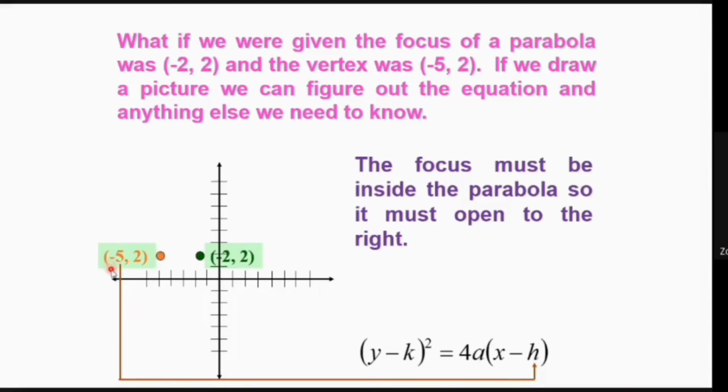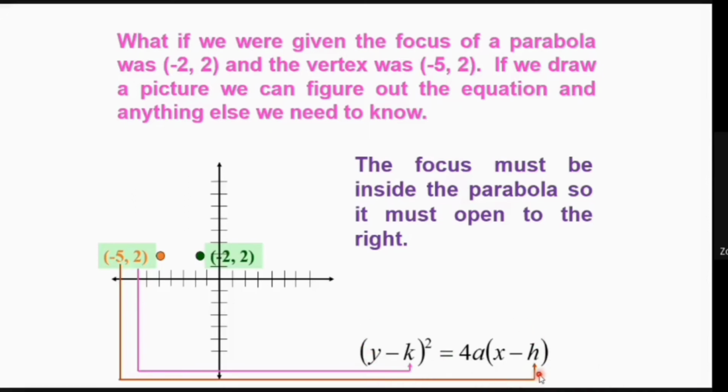We are going to substitute the values. Since this is the vertex, alam natin this is (h, k), yung negative 5 is h, yung positive 2 is k. Ayan po siya. So we are going to substitute the value of h, which is negative 5, and the value of k, which is positive 2, in this equation. Bakit itong equation?